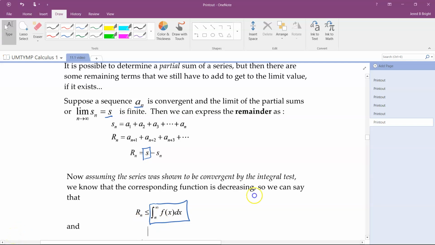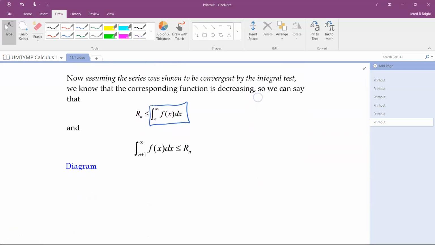And if we look at this a little bit further, the sum starting from n plus 1 is actually going to be bigger than R_n, so we have this double-sided bound.